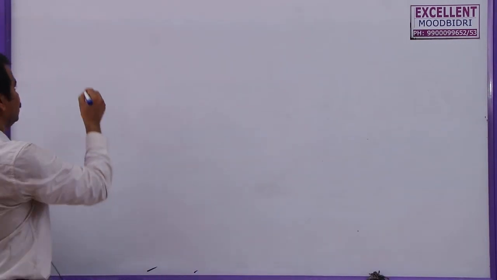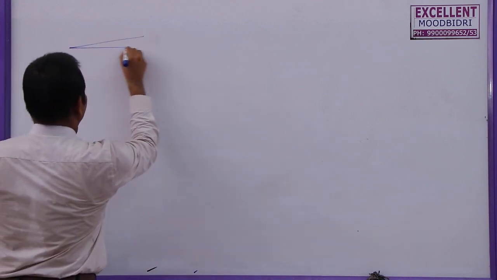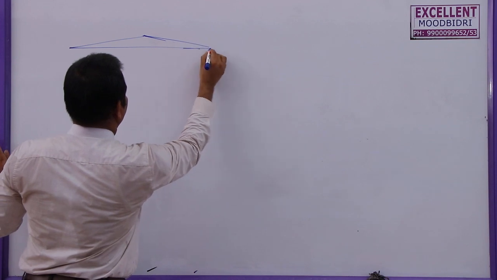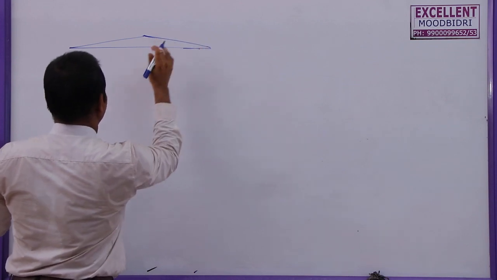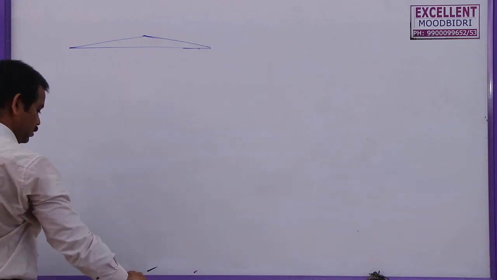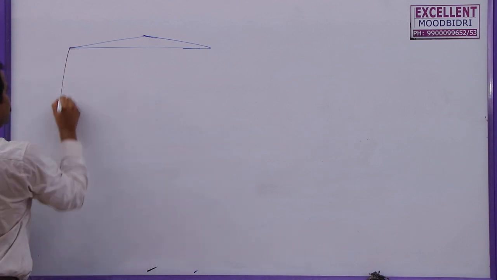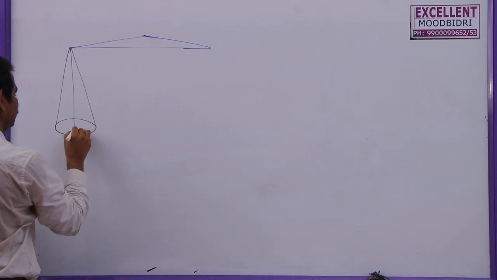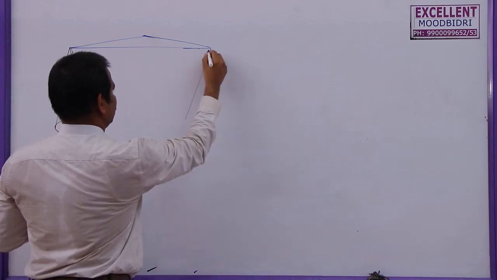In markets, vegetable vendors use a common balance to measure the mass of vegetables. Now here I am going to use this diagram. This is the first plate, and similarly this is the second plate.